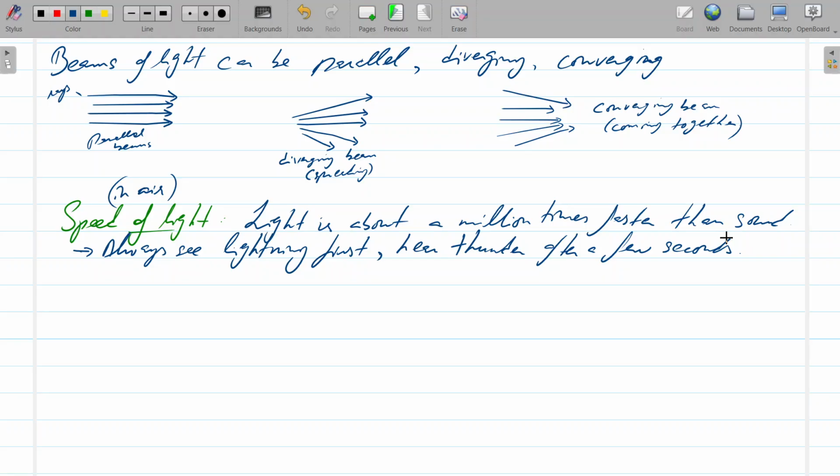Whenever we see lightning, it takes a few seconds for us to hear the thunder. That is simply because light travels really fast, and compared to light, sound is much, much slower. That's the only thing they're telling you about the speed of light.